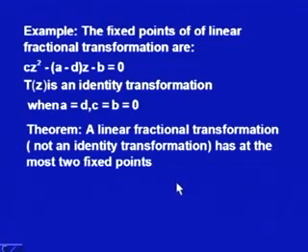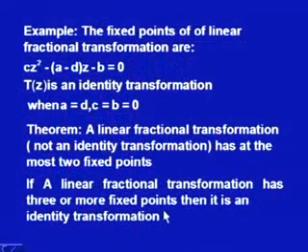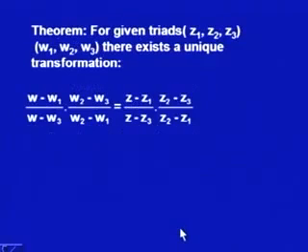So this is what the theorem is. I am not giving you the proof of the theorem, just the theorem, and we can use it for checking whether a transformation is an identity transformation or not. If a linear fractional transformation has 3 or more fixed points, then it is an identity transformation. This is a direct consequence of this.